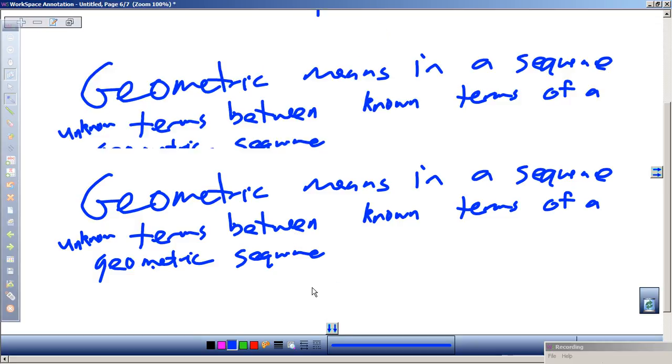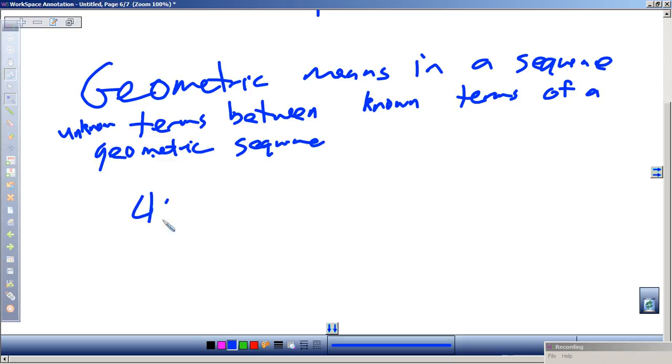So this would be an example. If I have the number 40, I'm going to say there are 2 numbers here and then a 5. These 2 numbers would be geometric means because they're unknown terms between the known parts of the sequence.